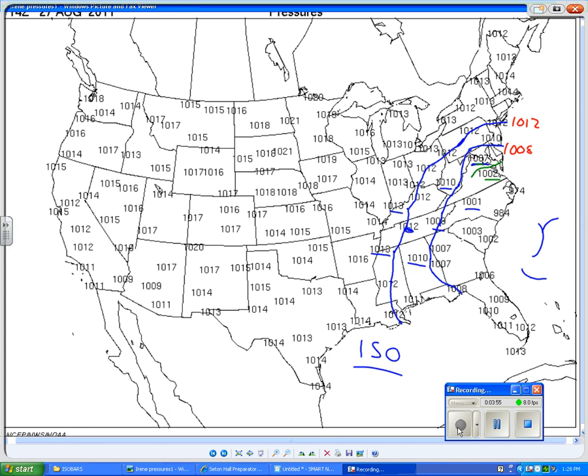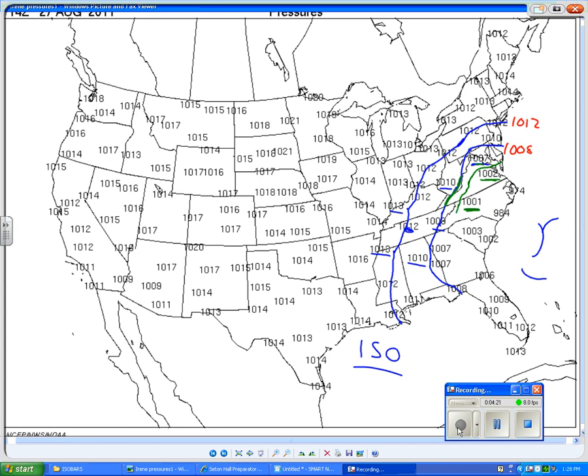Remember, this line over here represents 1008. This is 1002. And since 1004 sits between 1002 and 1008, we know that there must be the isobar that represents 1004. This is 1001, so I have to go to this side because this line represents 1008.